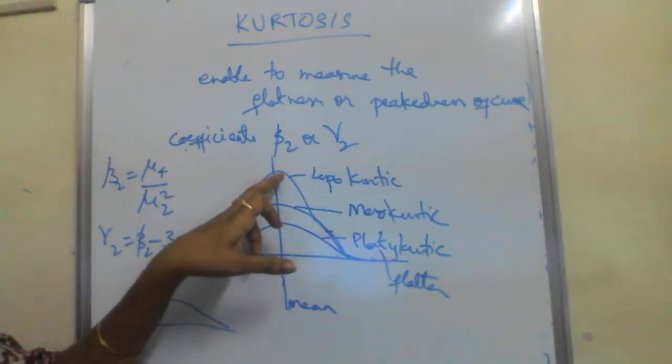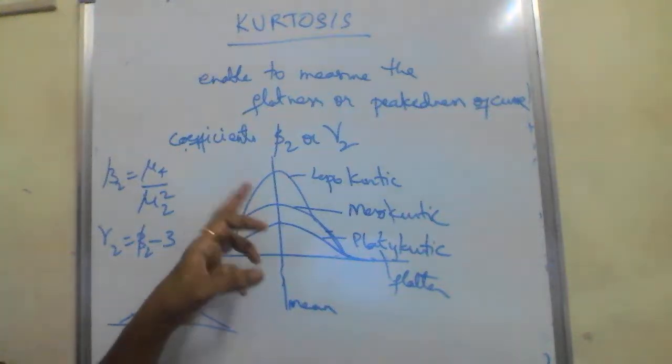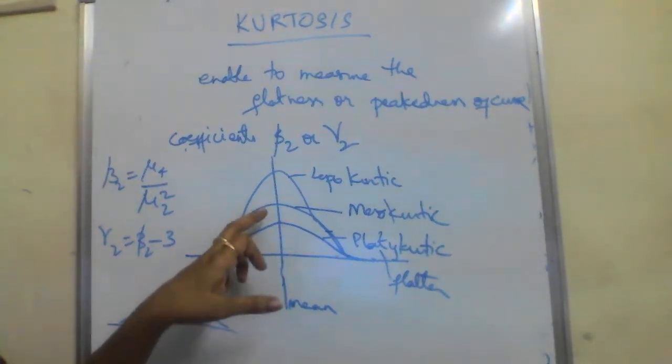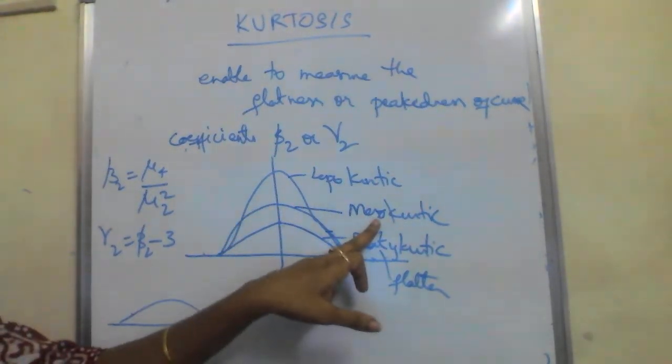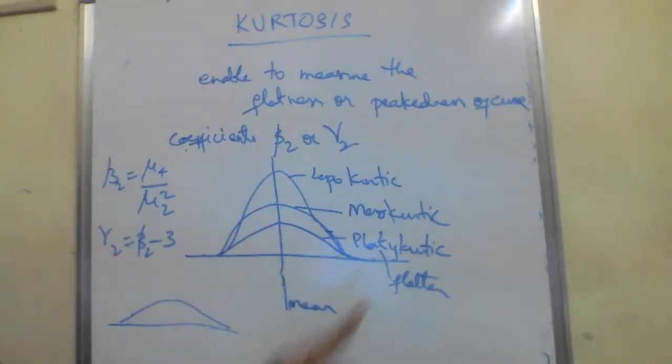If it is neither flat nor sharply peaked, it is mesokurtic, and if it is flatter than the normal curve, it is platykurtic.